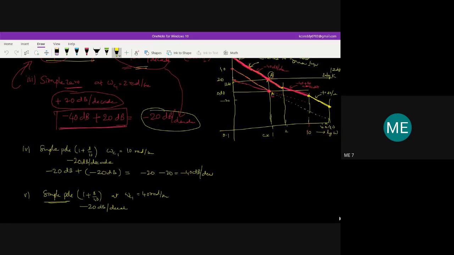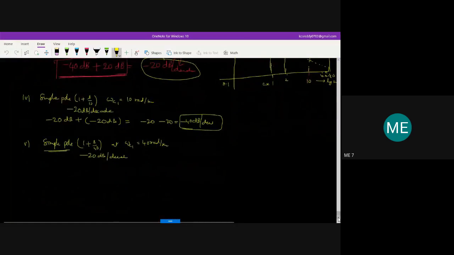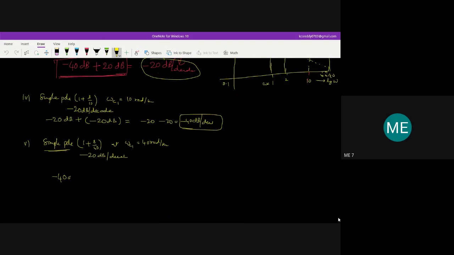So what is the previous result? The resultant slope of magnitude is minus 40 dB per decade. That is the previous line resultant, minus 40 plus, then what is the simple pole contribution? Minus 20.